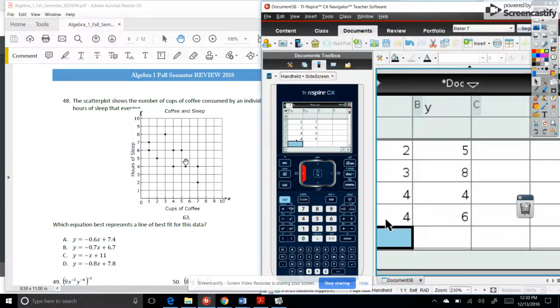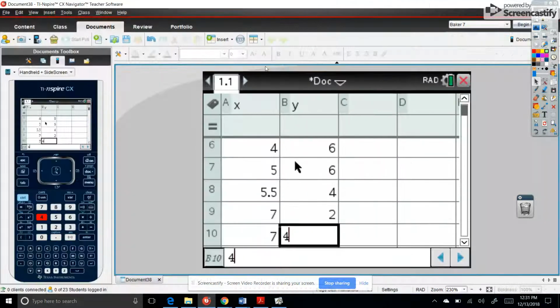And then we have 5, 6, and 5.5, 4. Then 7, 2, and 7, 4. These actually don't matter what order they go in, because when we go to the next screen, it's going to line them all up for us.